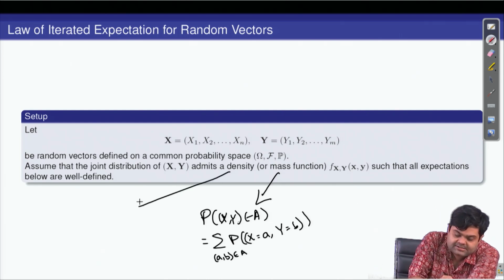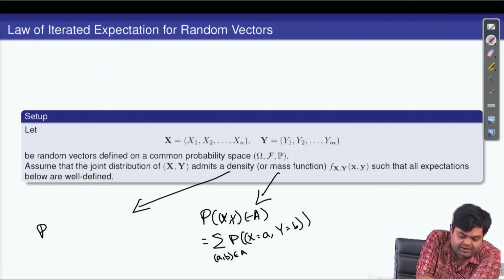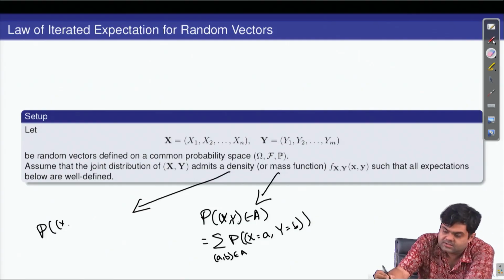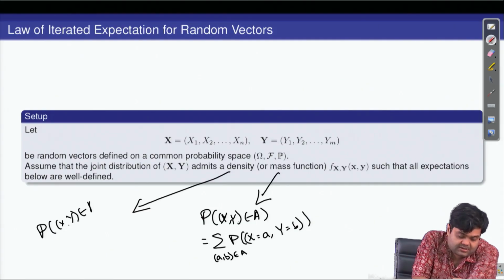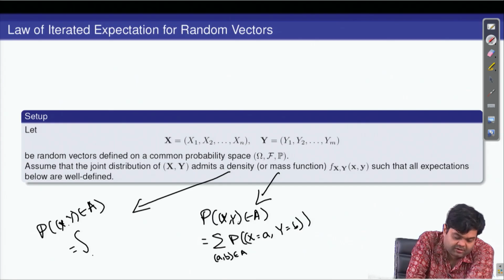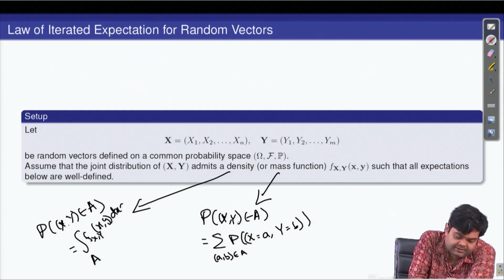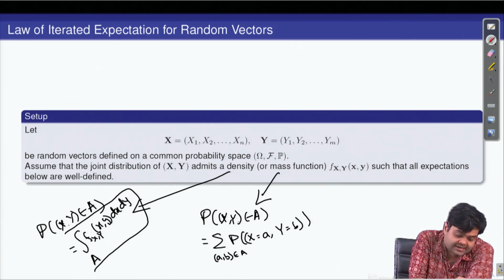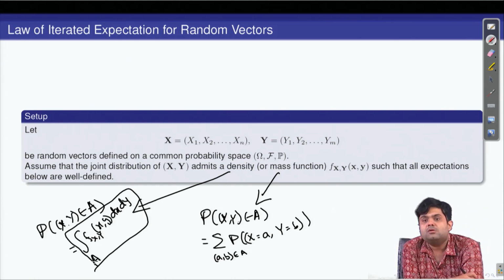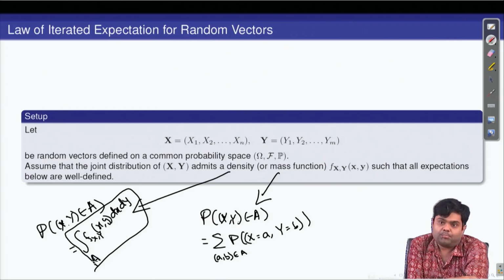The density is a slightly different situation, where the probability of (X,Y) belonging to A is the integral of the density function over the set A. As we discussed, this allows you to tackle the situation where the probability of every point is 0, but nevertheless there are sets with non-zero probability.